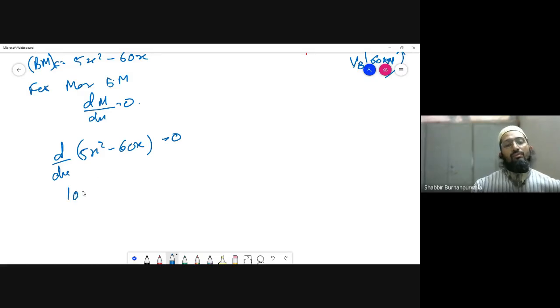So 5x square will become 10x minus 60 is equals to 0.